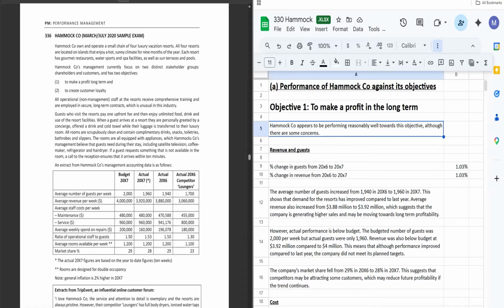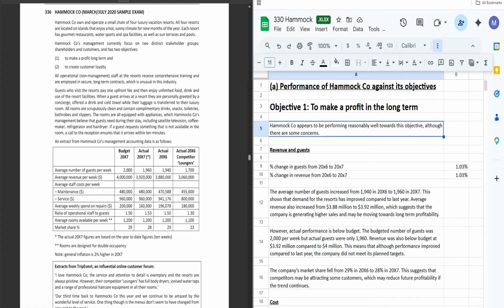If they are providing good customer service, and the quality of service is very good, more customers will come, and more customers means our revenue will automatically increase. Similarly, if we have good control over costs, it can also increase the profit. So in this area we are just discussing the revenue and cost side of things, because the objective itself is to make a profit in the long term.